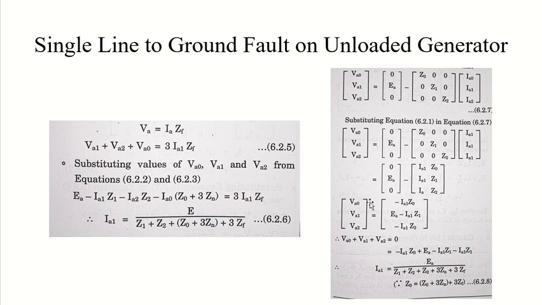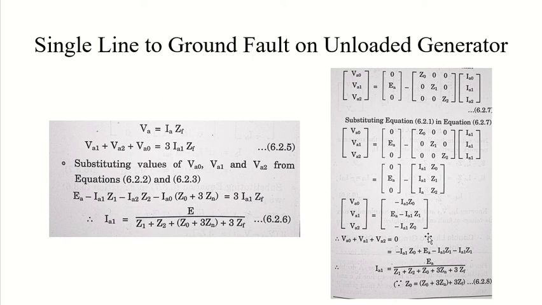And when you represent it separately, or whenever you take the addition of all three components and you compare it with 0, then what you will get: va0 plus va1 plus va2 is equal to minus ia1 z0 plus ea minus ia1 z1 minus ia1 z2, which will be equal to 0.